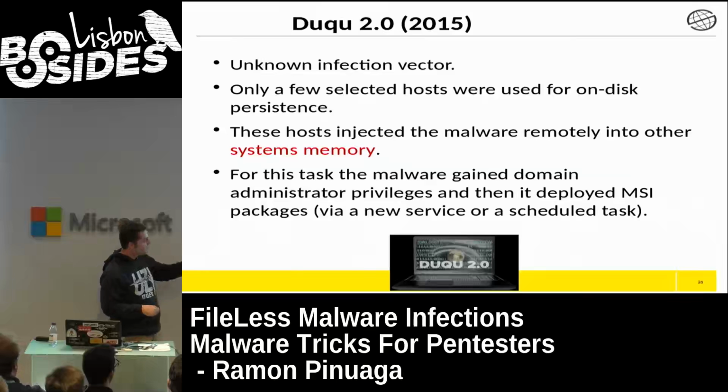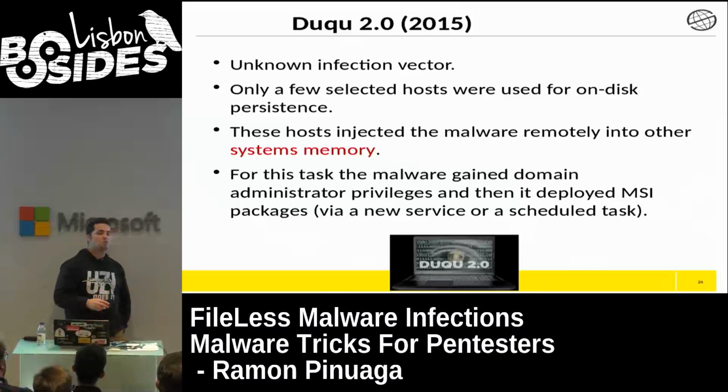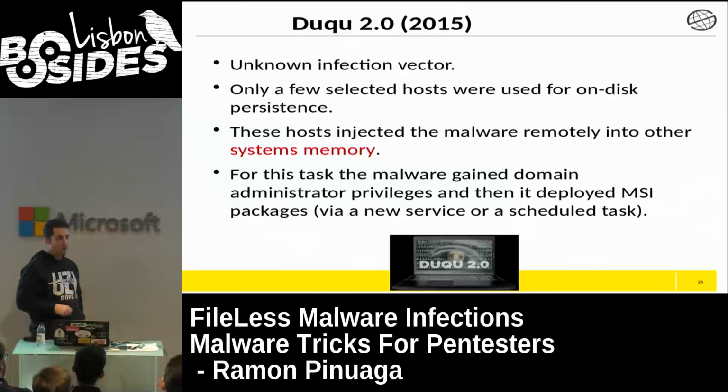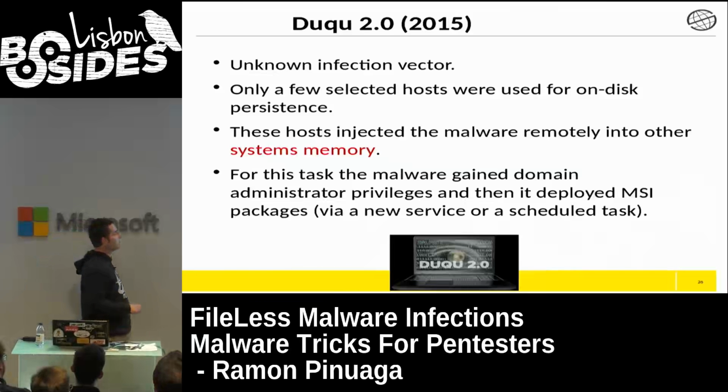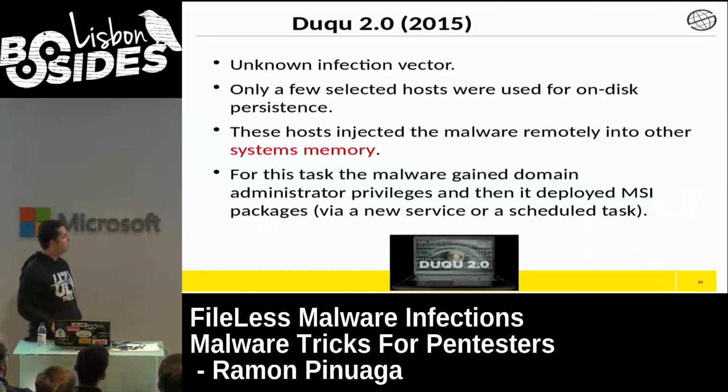The malware mainly stays hidden in memory, and only a few selected hosts in the network keep the malware on disk. So it was very hard to detect. And well, the initial infection vector was done by MSI packages, but after that the malware becomes fully fileless.